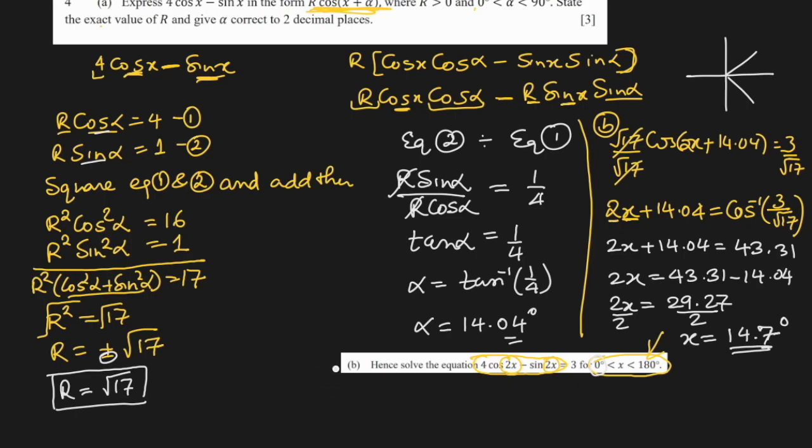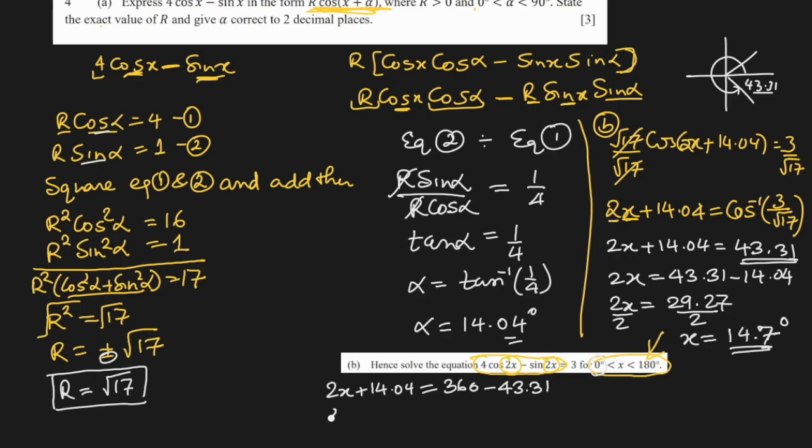Let's go to the second one, which is this angle from here and here till here. And this angle is how much we got? 43.31. 43.31 is this angle. That means it is not a complete 360, it is 43.31 lesser. So 2x plus 14.04, which was our original angle, will be equal to 360 minus 43.31.